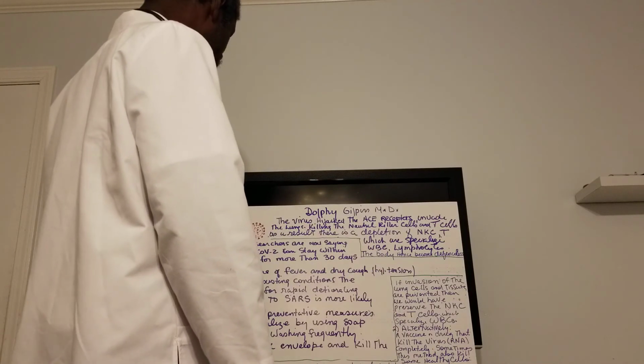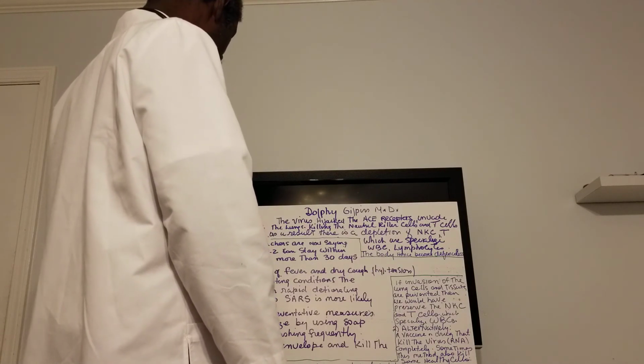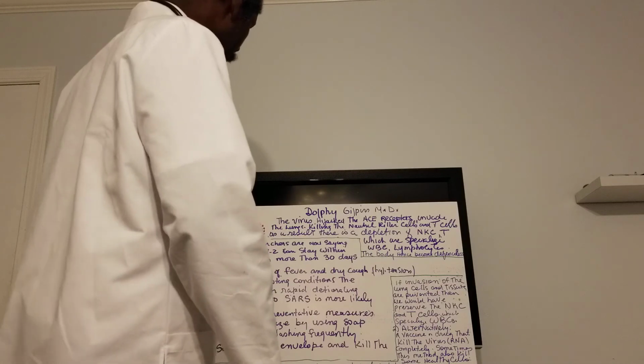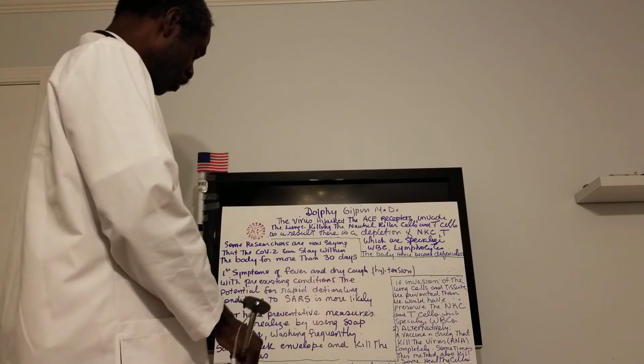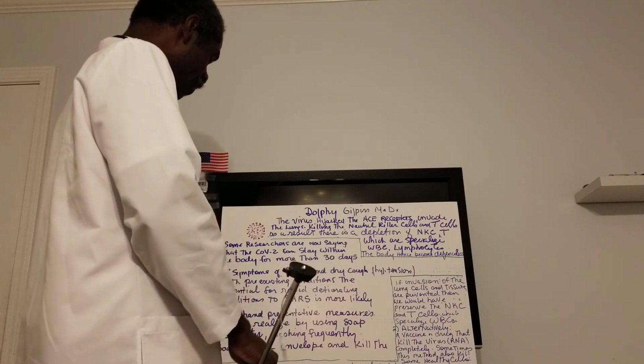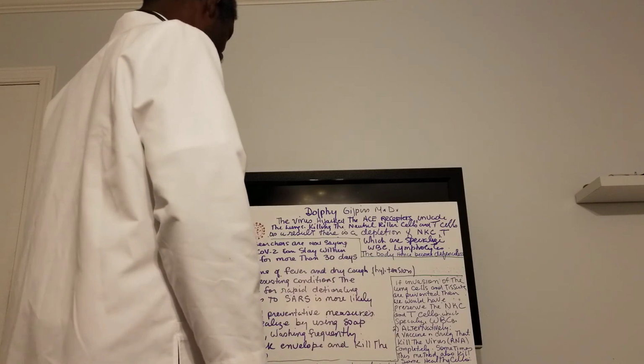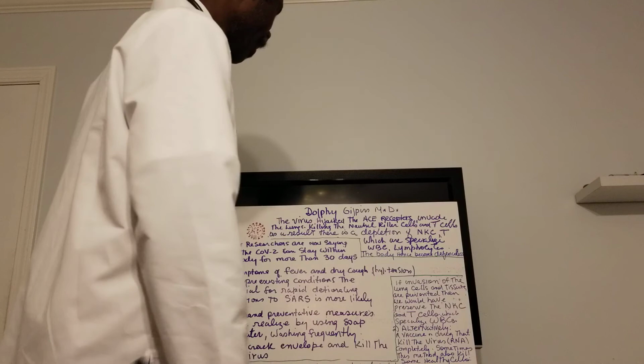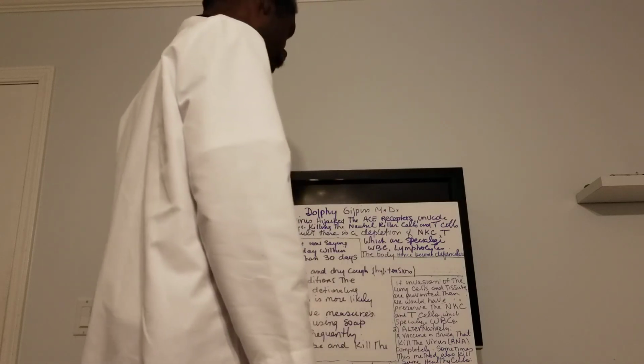So a more effective way would probably be just to destroy the outer structure of the virus and prevent it from invading the cell. We have to develop antibiotics or a vaccine that has that property of destroying or altering the structure of the virus, or in other cases, increasing the mutation so that the virus can go extinct.